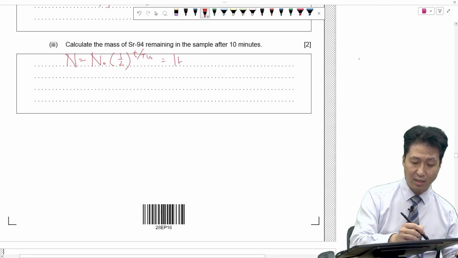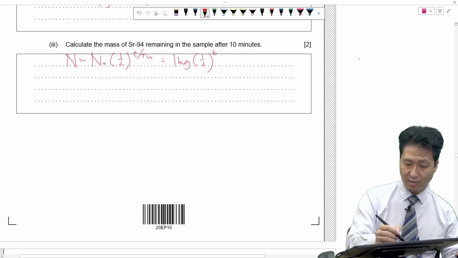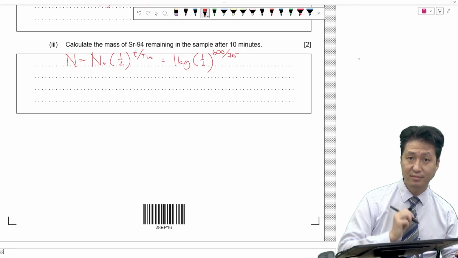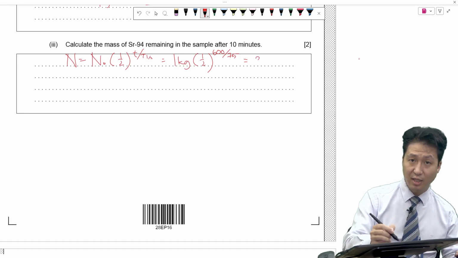In this case, the initial amount is 1 kilogram times 1/2 to the power of time in seconds, because the half-life is in seconds. So it'll be 600 seconds divided by the half-life of 75. And you should get approximately 3.9 times 10 to the -3 kilograms.